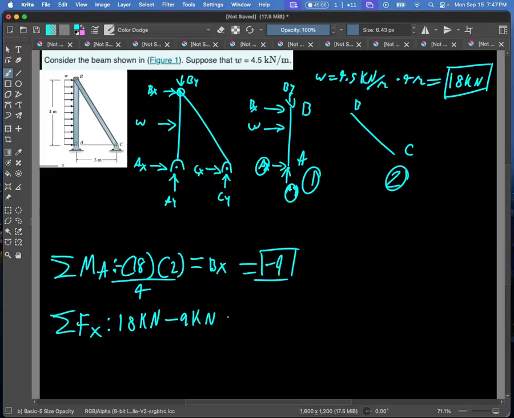So then AX, well, we can say this, plus AX equals 0. So we can substitute AX over and say this equals negative AX. So AX then equals negative 9 also.